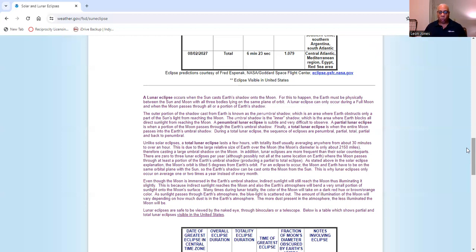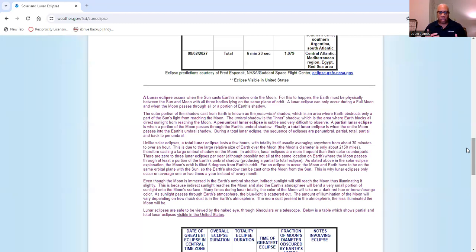Now, during a total lunar eclipse, the sequence of eclipses is penumbral, partial, total, partial, and back to penumbral. Now, unlike solar eclipses, a total lunar eclipse lasts a few hours, with totality itself usually averaging anywhere from about 30 minutes to over an hour.